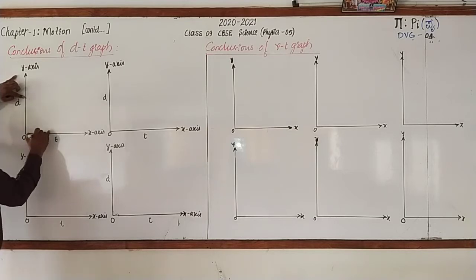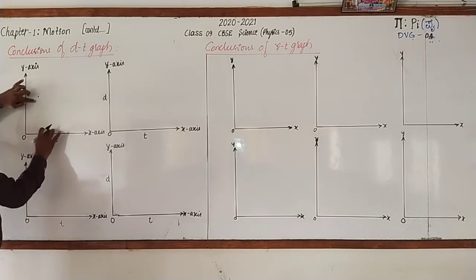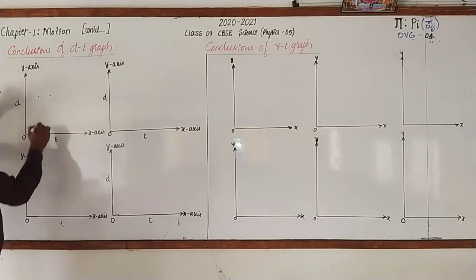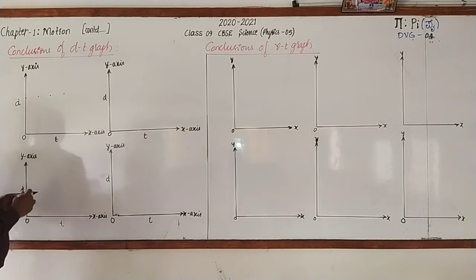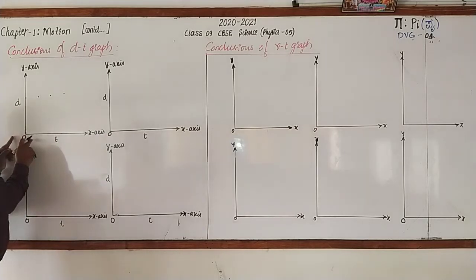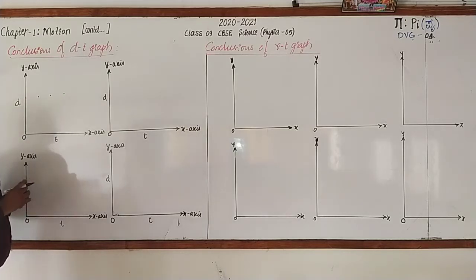Now, after some time, it may be 1 second, 2 seconds, 3 seconds, the body position will be here. And after 2 seconds, the body position will be here. And after 4 seconds, 5 seconds, see that in every interval of time, what is the distance of the body, whether it is same or different?